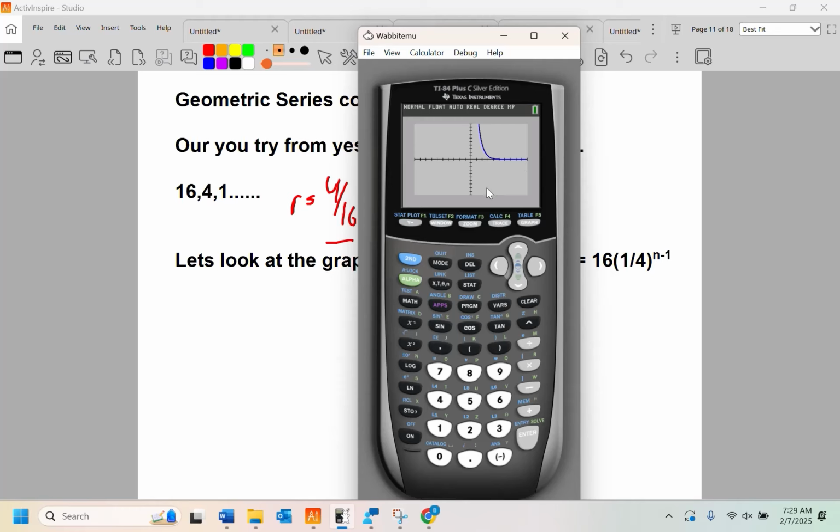What's happening is as you move to the right, and we can look at the table here, this value of y is getting closer and closer to zero. Now, I understand that's in scientific notation, but this number right here has 6 zeros in front of it too, right? And you get down here where x is, let's just go to 30.